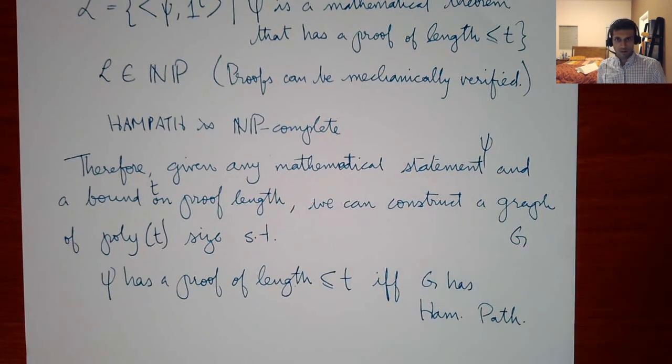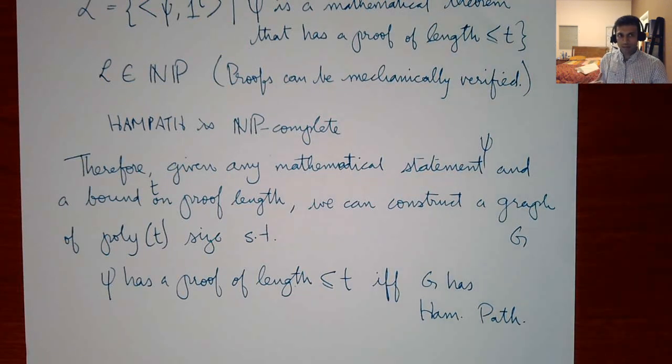So this, if you think about it, is absolutely bizarre. Let's say we know Fermat's last theorem is true, but given the Riemann hypothesis or any unsolved problem in math, and given some bound on how long we want the proof, we want to see, is there a proof that's going to be 100,000 characters?